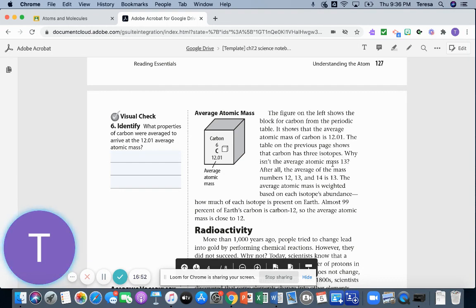Why isn't the average 13? Because we have carbon 12, carbon 13, carbon 14. Well, it's not 13 because the average is based on the isotope's abundance. Since almost 99% of Earth's carbon is carbon 12, the average atomic mass is pretty close to 12.